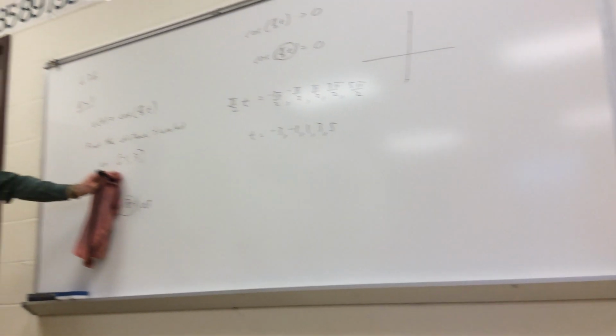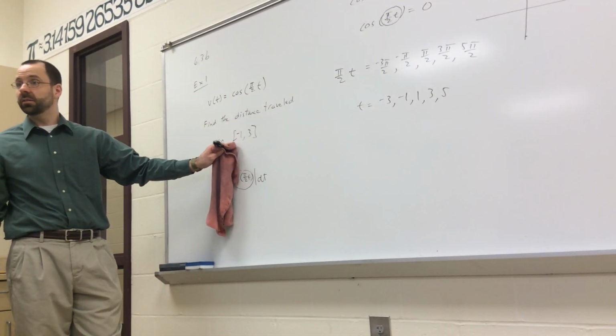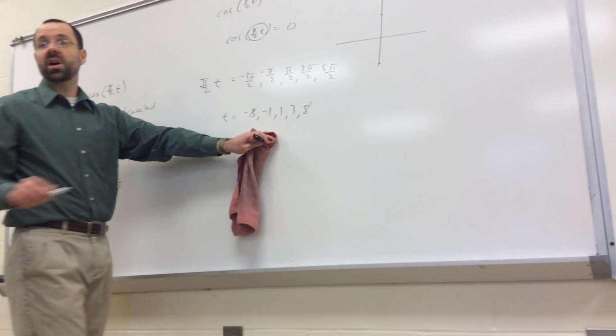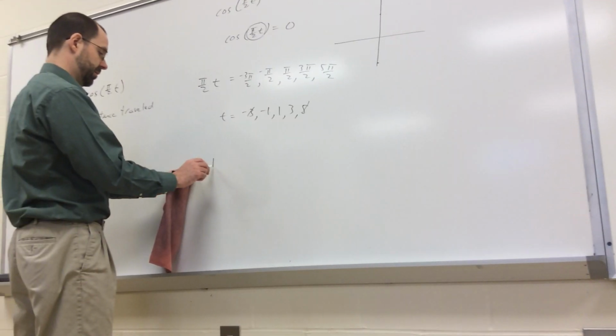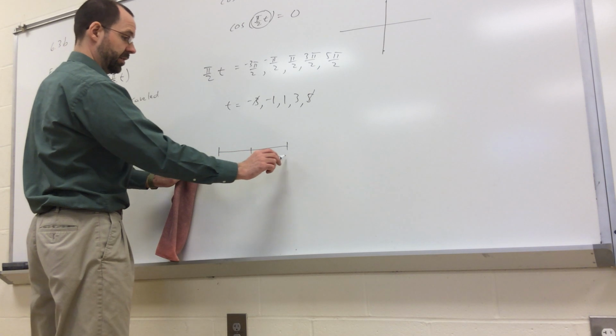So now I can consider this. The negative 3 is too small, and the 5 is too big. So those are out. But I do have 3 possible cutoff places. So then you put those on a number line: negative 1, 1, and 3.